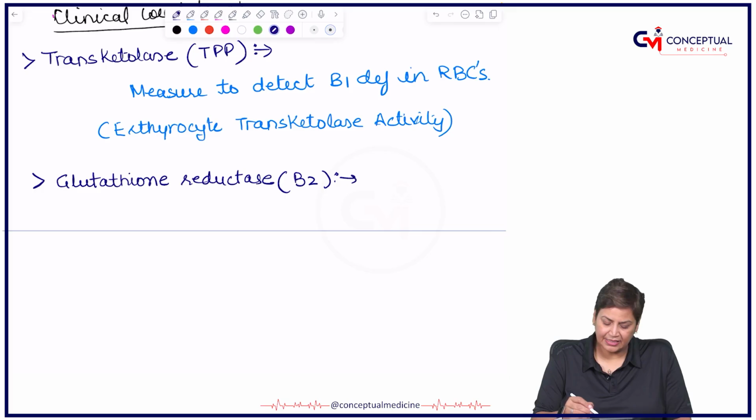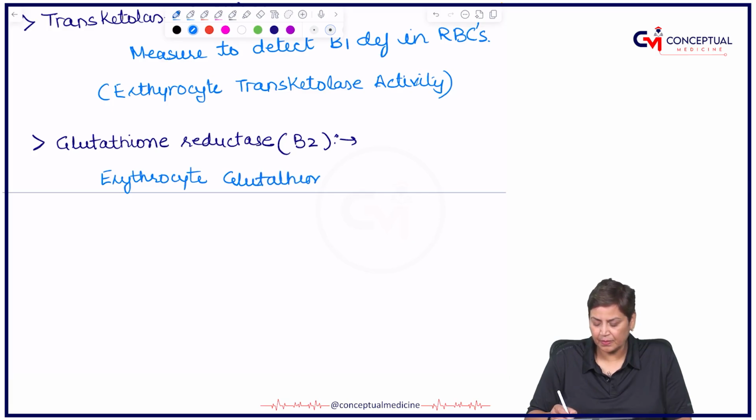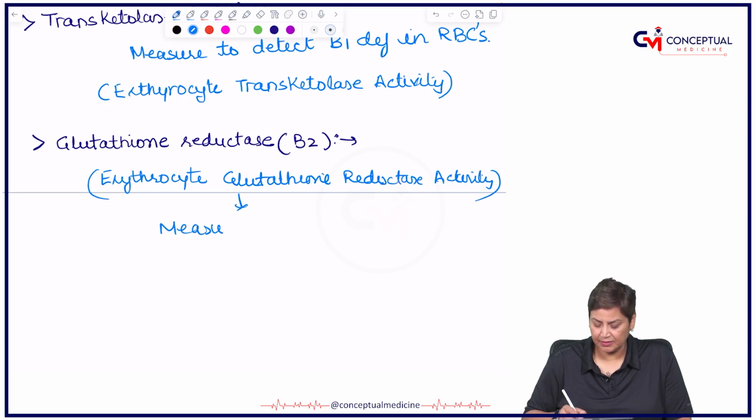So I can simply say, what is the significance? That erythrocyte glutathione reductase activity will be a measure for B2 deficiency.